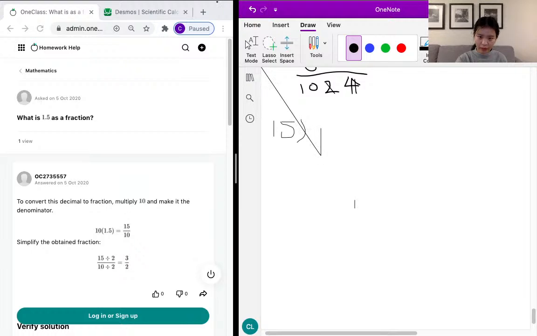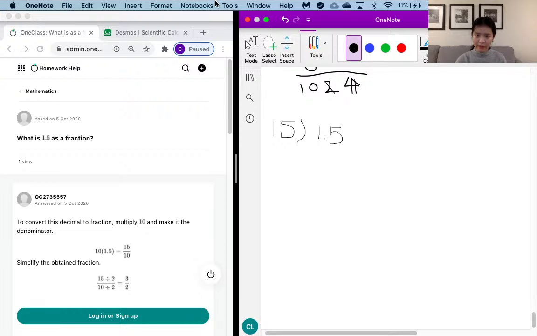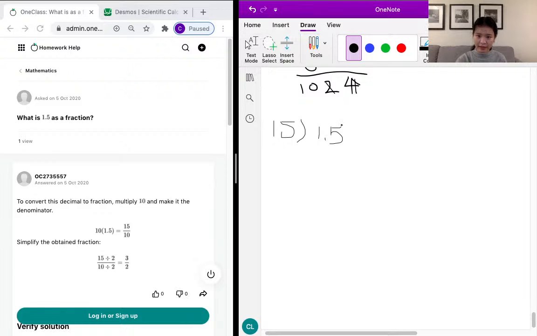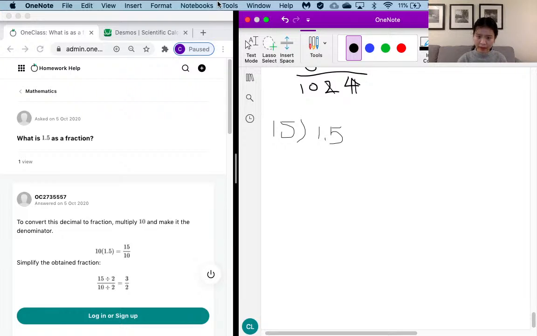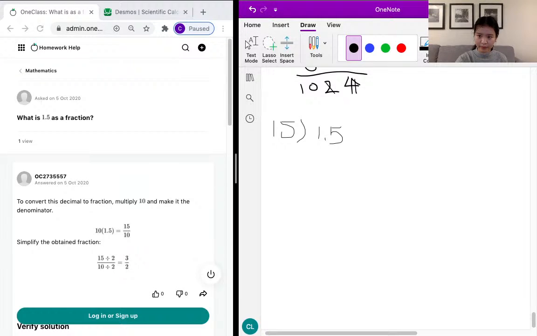1.5 as a fraction. So we know that the 5 is on the 10th place. Oh, I'm trying.